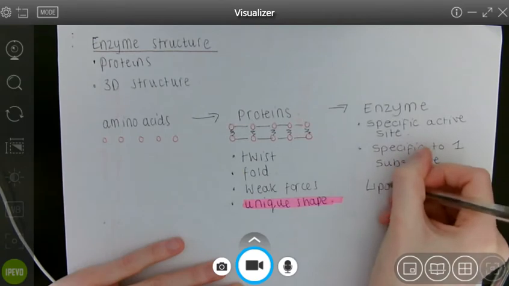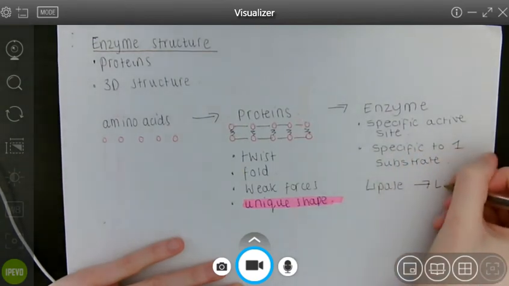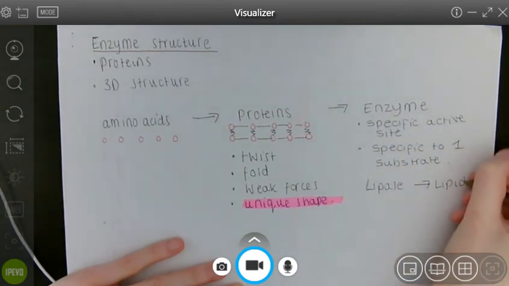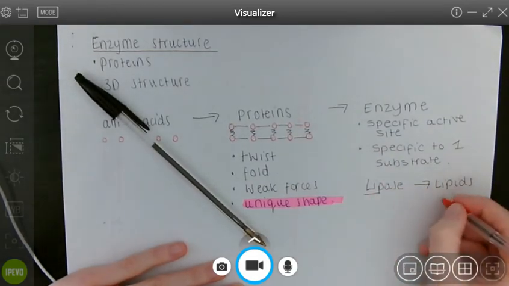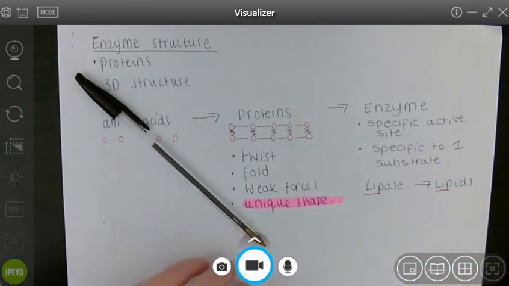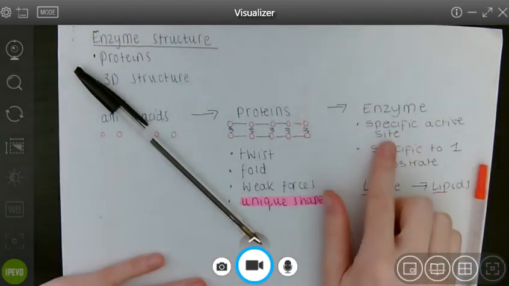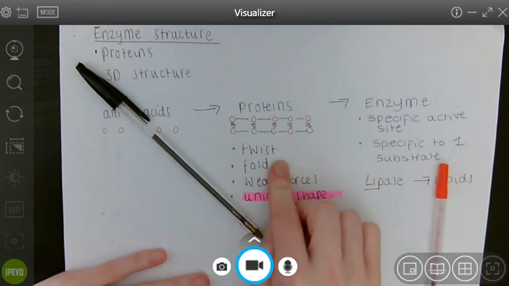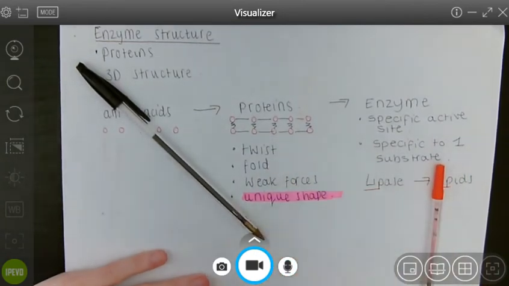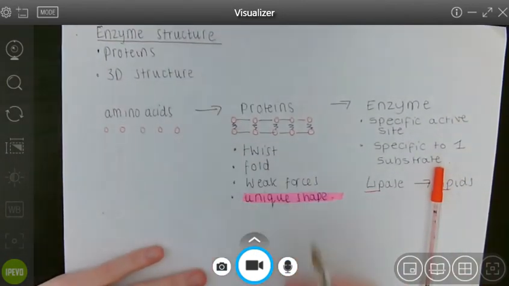An example could be lipase and lipids. We looked at last lesson, lip for lipase, its substrate, lipids. So this particular active site and the shape of our protein twists and folds, which are creating this unique shape, can be affected by two different things.